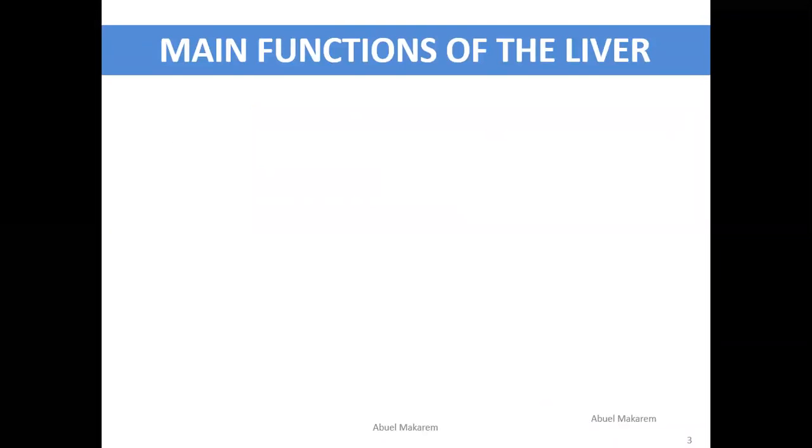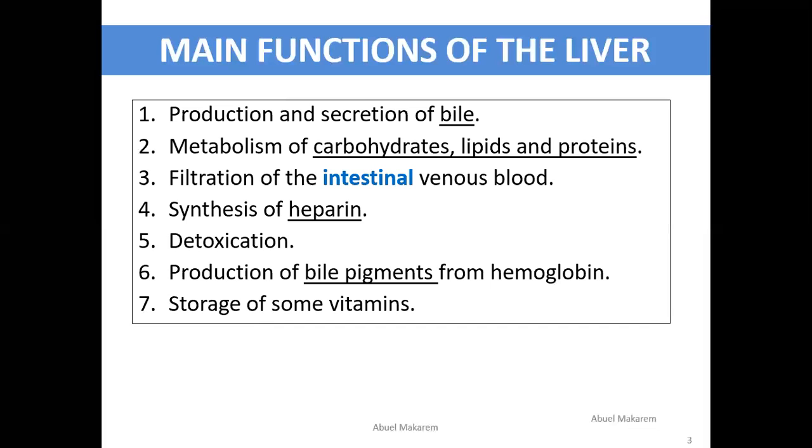Before we start the anatomy, we should know why it is so important to study the liver. For that we have to know its functions. So these are some of the important functions of the liver. One is it is very helpful in the production and the secretion of the bile.